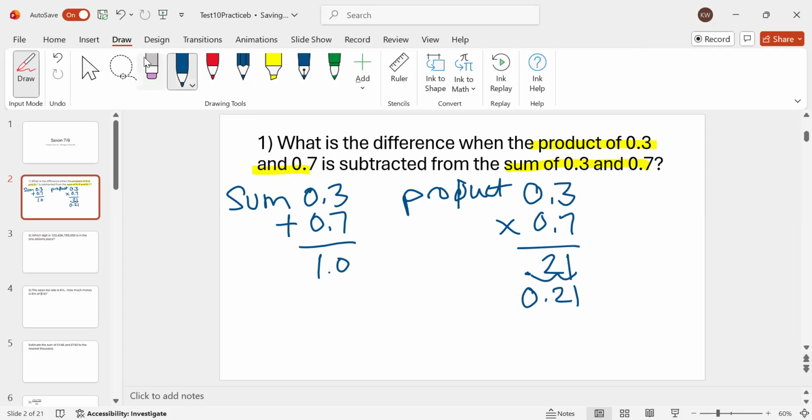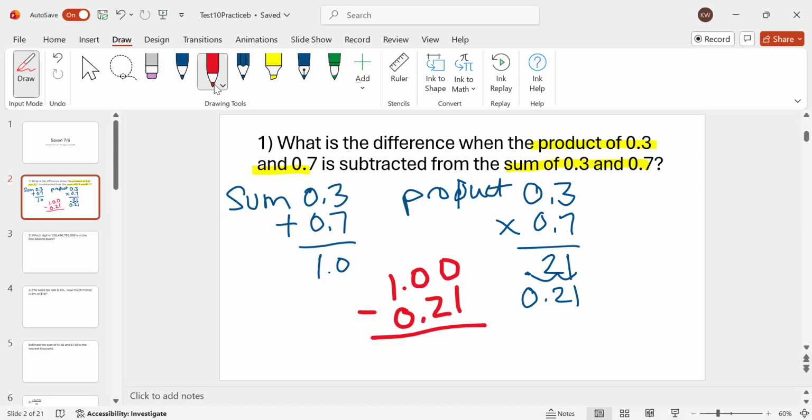Now I'm going to switch to red here for this final step. We're going to subtract the product from the sum. So we have 1.0 minus 0.21. We've got more decimal places on that bottom number, so we need to go that far on the top, so we put the 0 there.